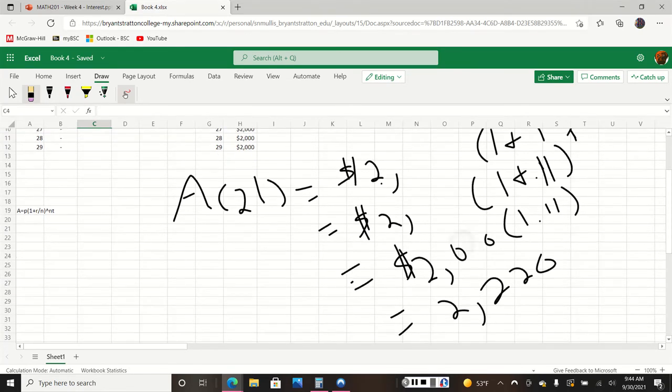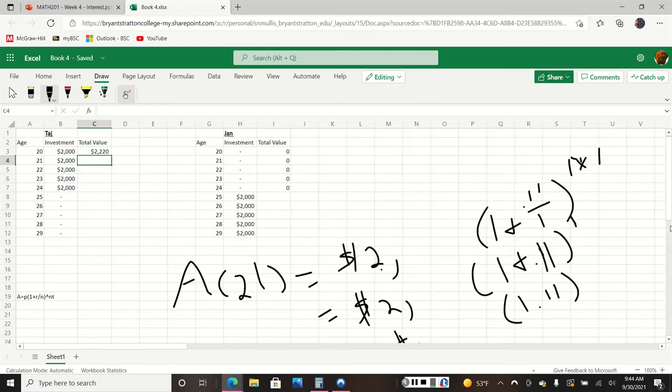Let's erase that as well, because that's going to change. We're going to use the same 1 plus R over N, where the rate is 0.11. The number of compound periods per year is 1 per year. And then the N times T, or the number of compounds per year times the time, which is 1 year, that's 1.